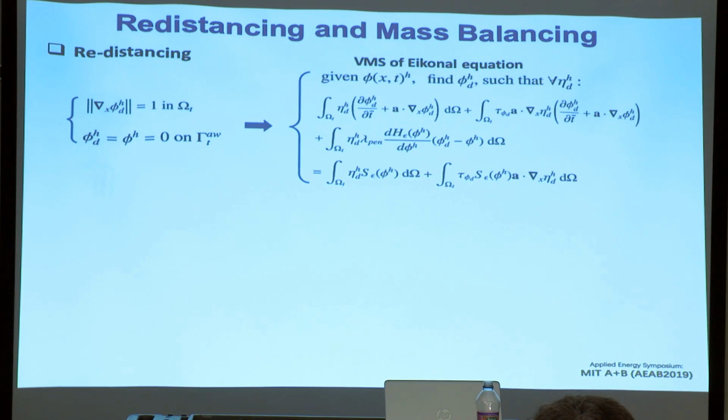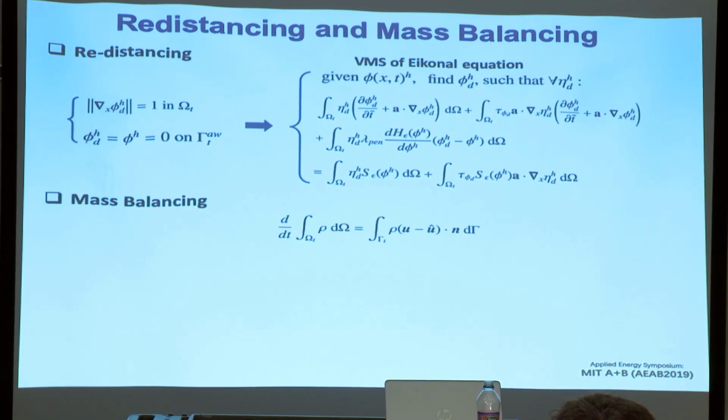So after you solve the Navier-Stokes and level set convection equations, we solve another Eikonal equation using this variational multiscale formulation to recover the signed distance property of the level set field. And then the level set convection and the reinitialization may also destroy your total mass conservation.